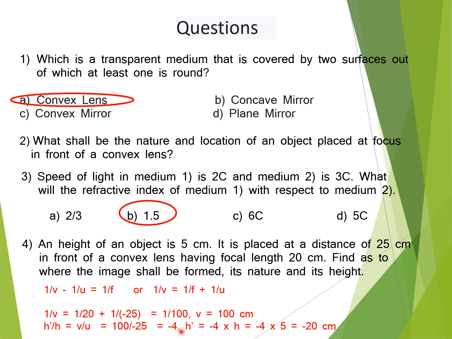In this case, H dash will be equal to minus 4 into H. How much is H? Height of the object is 5. So 5 into 4, minus 20 centimeter. So height of the image shall be minus 20 centimeter. And since it is minus, the image shall be inverted, right?